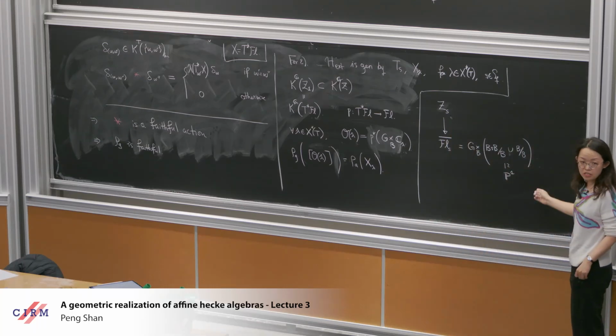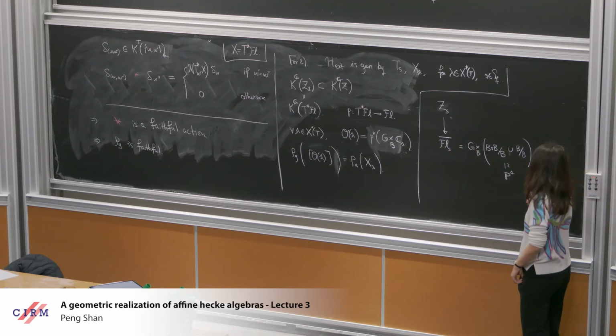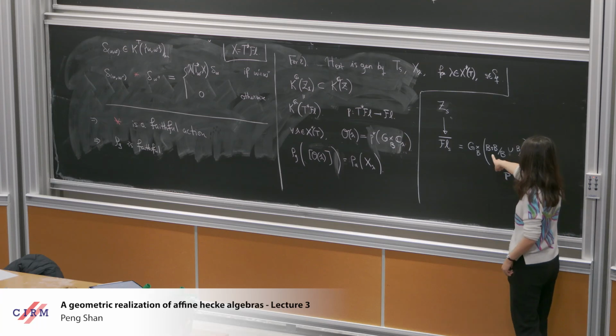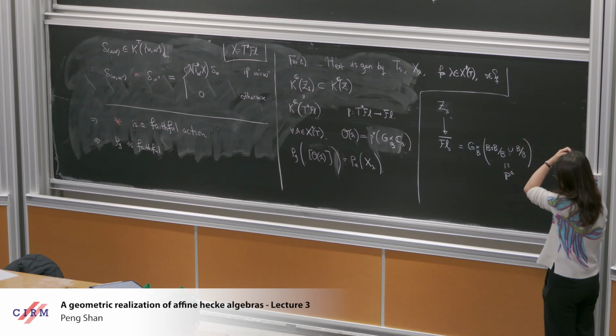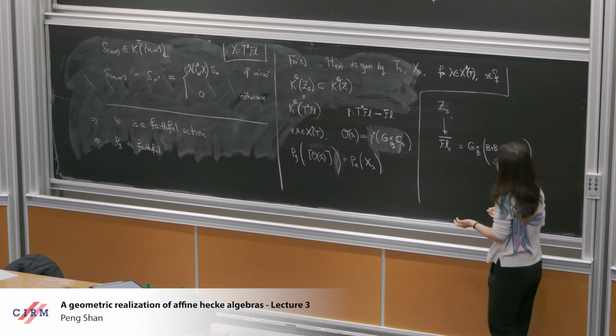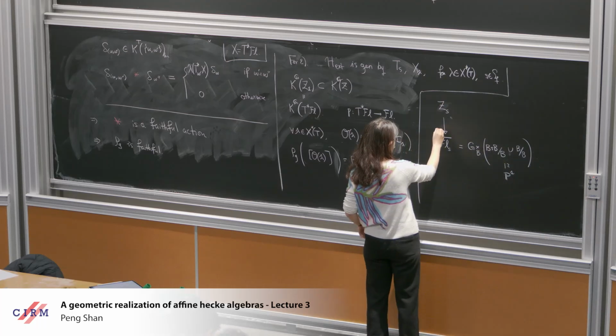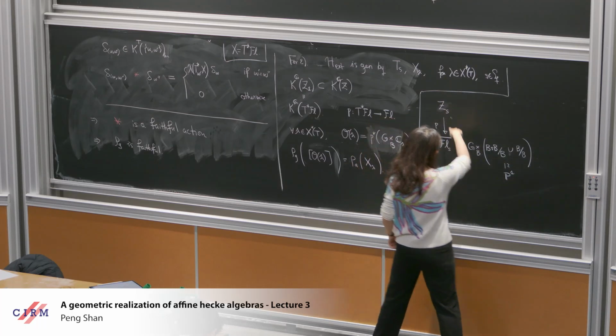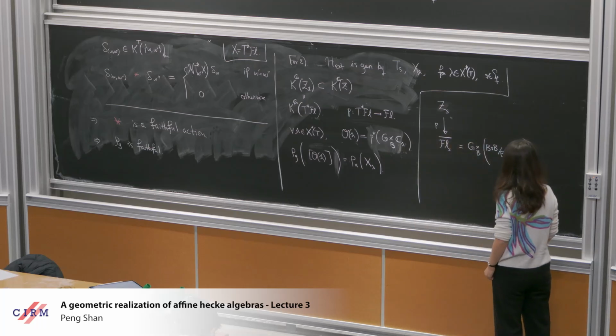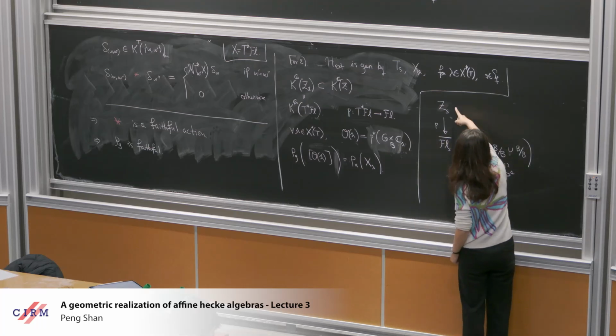It's the flag variety for the minimal parabolic corresponding to S. But on the other hand, if you take our projection, which I also denoted by P, I explained last time how this looks.